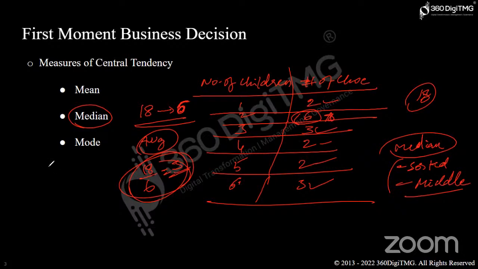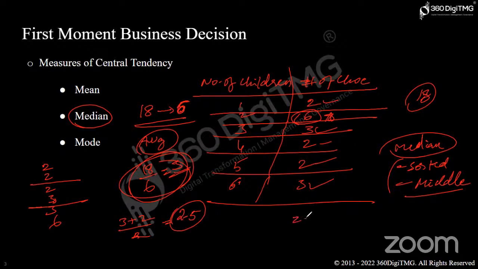Now I'll sort it in ascending order: 2, 2, 2, and 3, 3, 6. So 3 elements, 3 elements. So 3 and 2, 3 plus 2 divided by 2, so it is 2.5. The median will be 2.5.